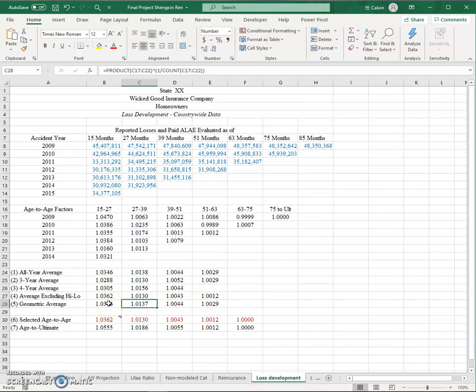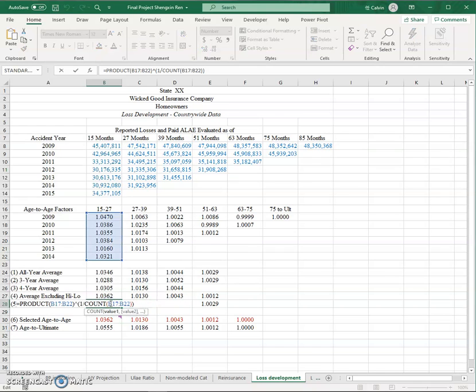For the geometric average, we just use the product of the age-to-age factors from 2009 to 2014, to the power of 1 divided by the count of years from 2009 to 2014, which is 1, 2, 3, 4, 5, 6.